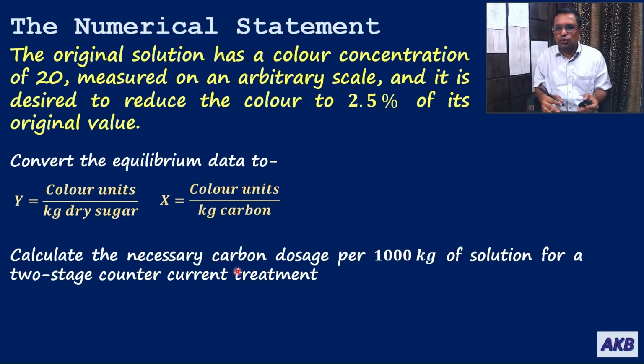That means we know that there are two stages in the counter current operation, and if the operation is carried out in these two stages, what is the dosage of adsorbent that is required if you are going to treat 1000 kg of solution. So this is the numerical statement. Let us move ahead.